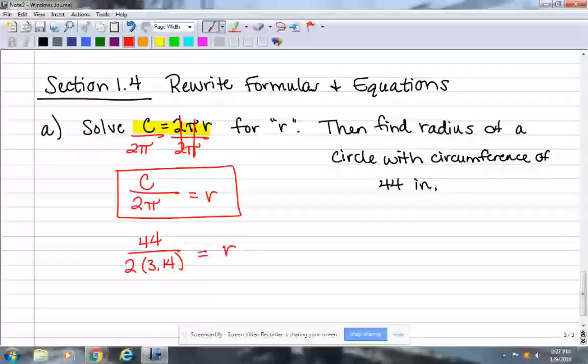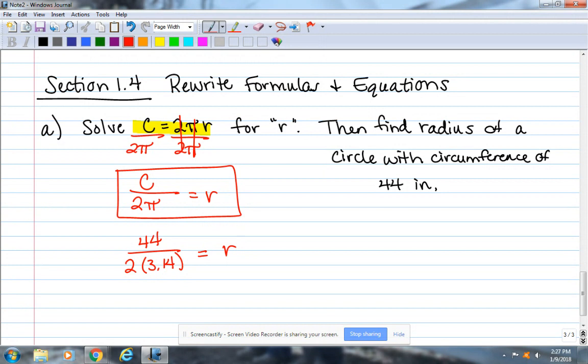So, I need to multiply these two in the denominator, right? And now do 44 divided by that answer. So 2 times 3.14 is 6.28. And so 44 divided by that, I'm getting the R is approximately 7.01 inches.